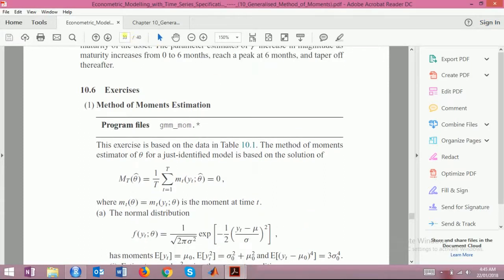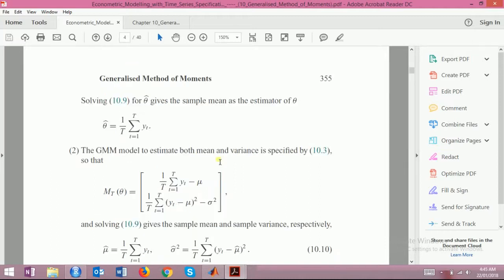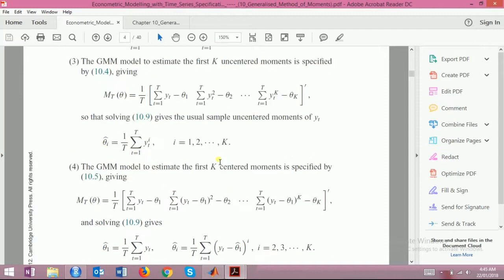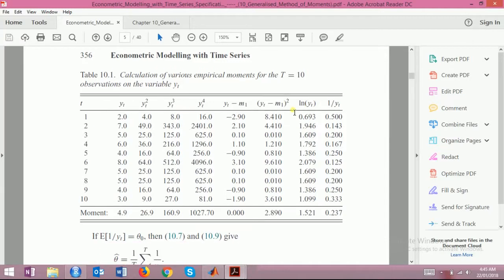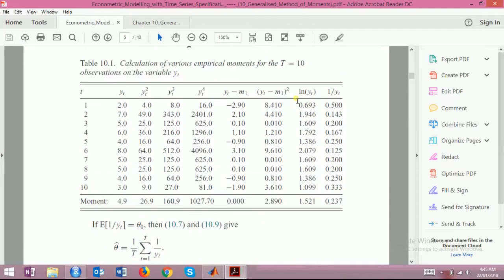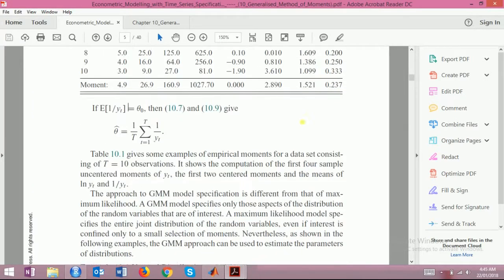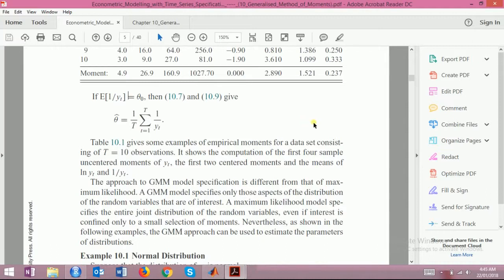Otherwise we can go to the table. So the empirical moments, T equals 10, are given in the table, and 5 is just an assumption here.